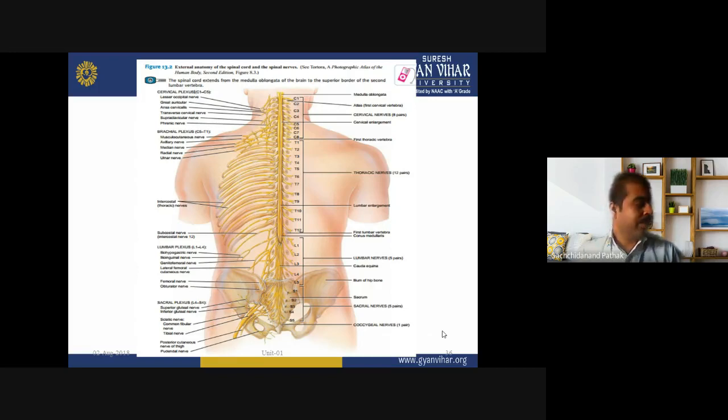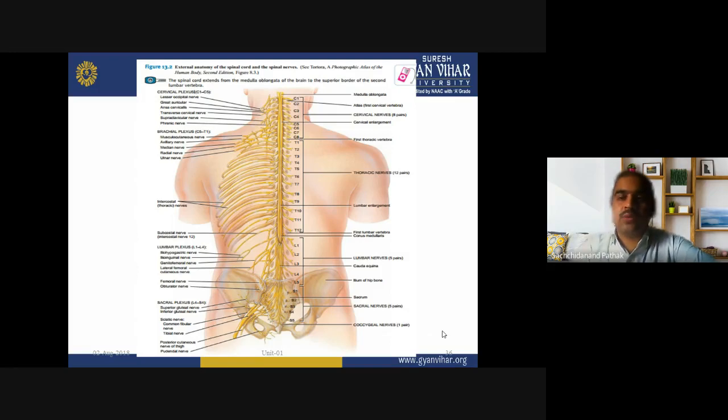Now, these are the images of the complete spinal nerves. You can see here C1, C2, 3, 4, 5, 6, 7, 8: cervical nerves, 8 pairs. It will start from the medulla oblongata, then come to the cervical nerves.